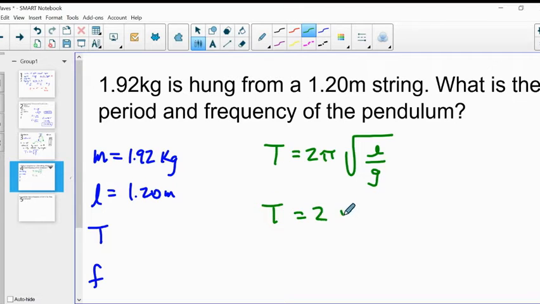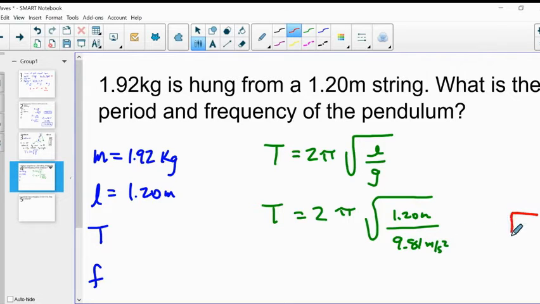So that would be 2 times pi times the square root of 1.2 meters divided by 9.81 meters per second squared. If I look at my units first, I've got meters divided by seconds squared. When I do just the units here, I'm going to end up with the square root of seconds squared. There's my unit analysis, and that's wonderful because that's going to give us seconds, which is what we wanted.